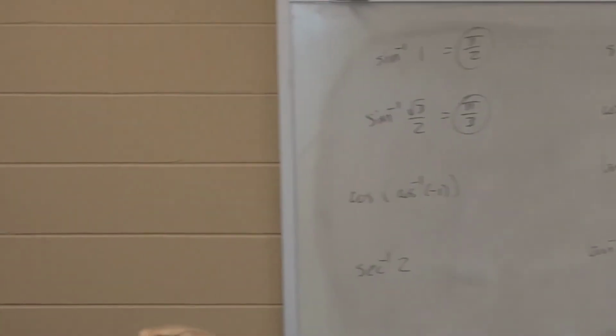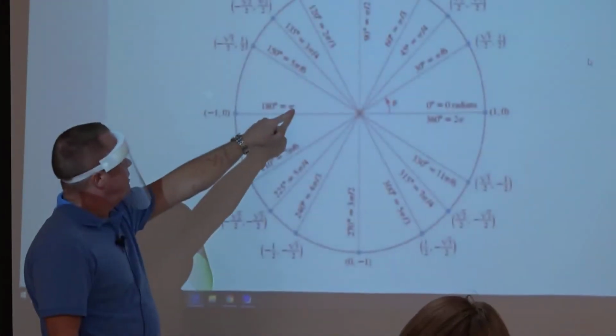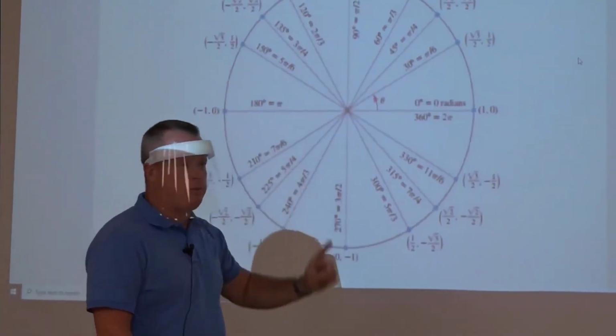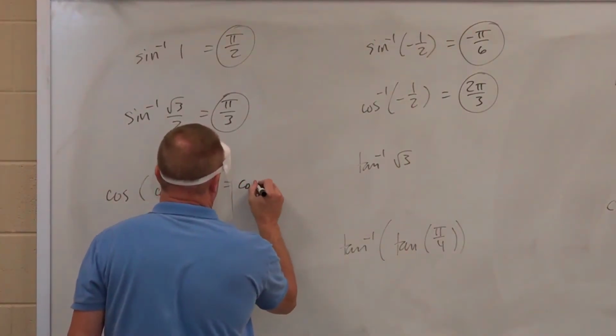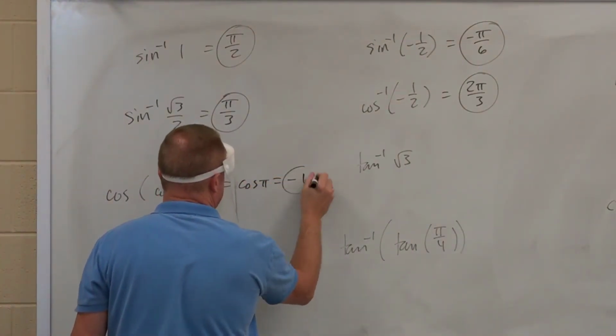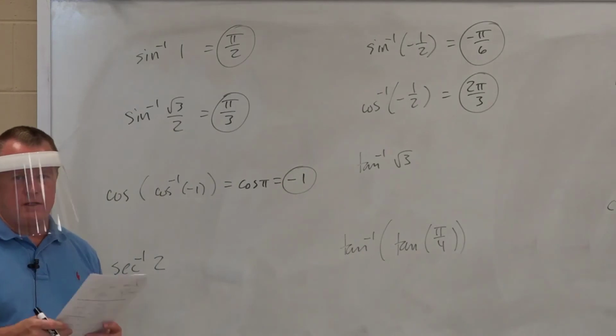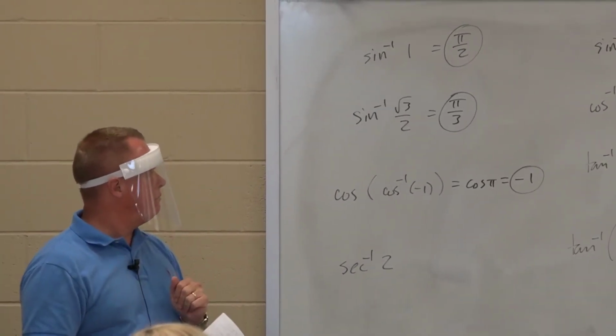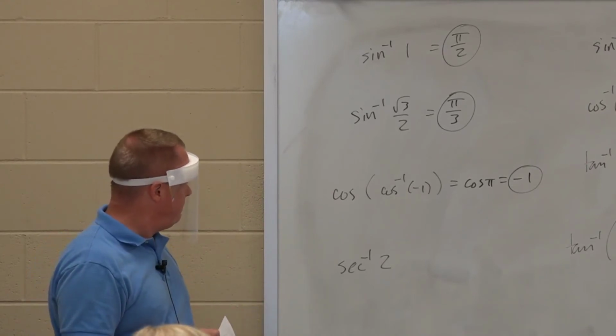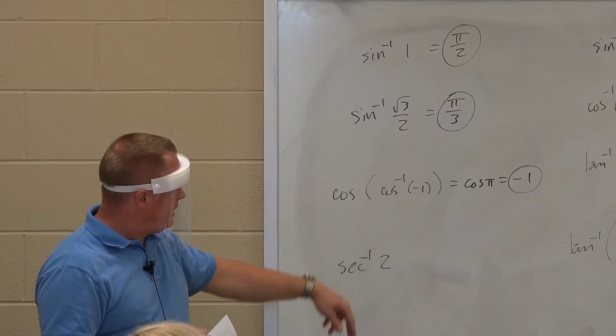In the first 2 quadrants, x would be negative 1 there, which would be pi. So 0 to pi, pi would be it. And then what is the cosine of pi? It is negative 1. So it does work out on that one, but if we were in a trig class, we could do a lot more with that, but we're just trying to review a little bit.